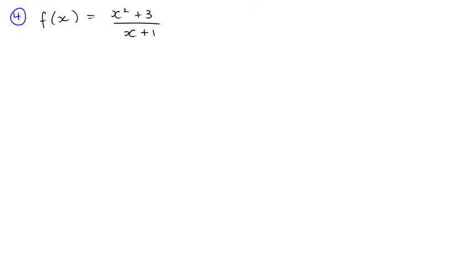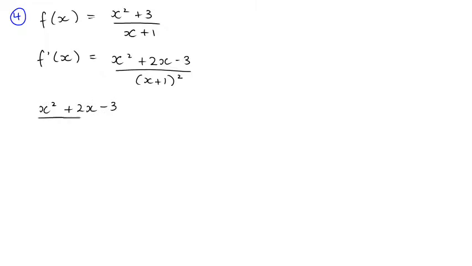Well, of course, you've got your calculator, so you can do it on the calculator. We get x squared plus 2x minus 3 over x plus 1 squared. So that's our derivative there. Now, of course, to find stationary points, we make that equal 0. So x squared plus 2x minus 3 over x plus 1 squared equals 0.